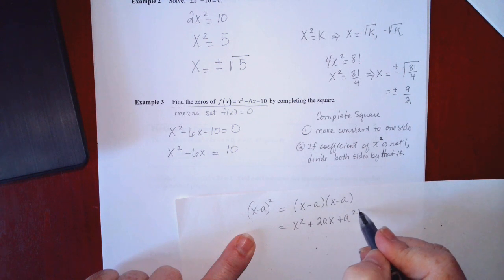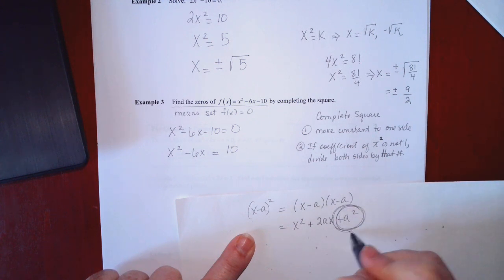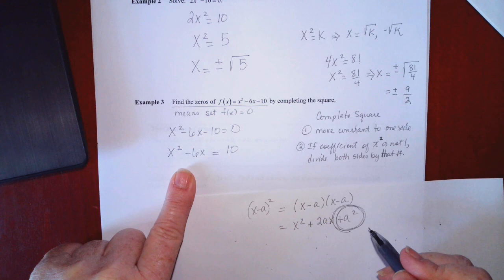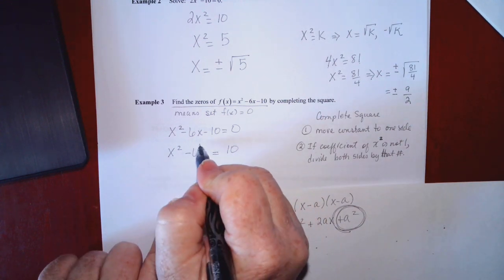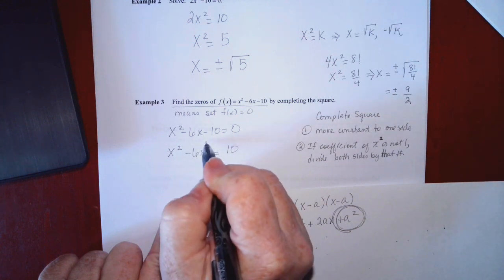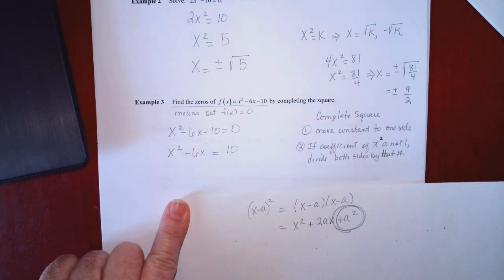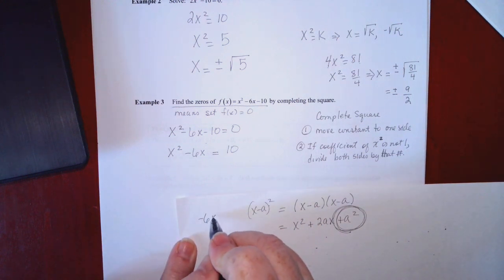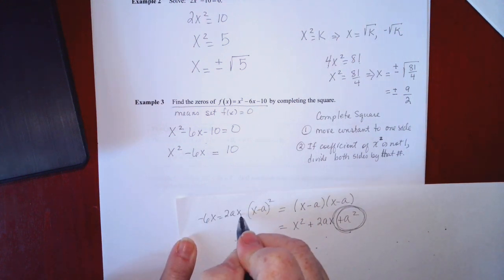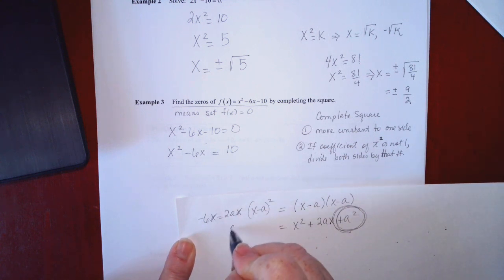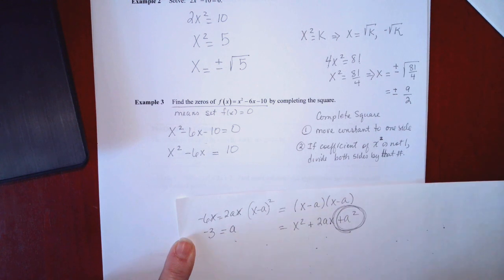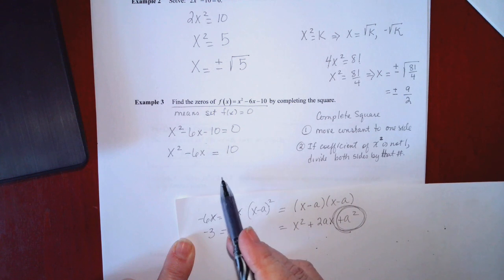We're trying to figure out what this term needs to be to make that a perfect square. So we recognize the fact that this middle term is 2ax. So if in this case negative 6x is 2ax, cancel the x's, then that would mean that a is negative 3. That's what we're going to square and add to both sides.